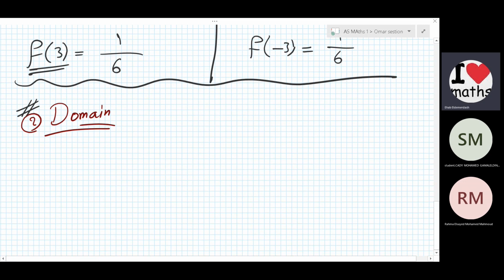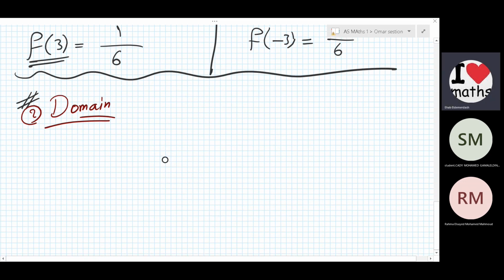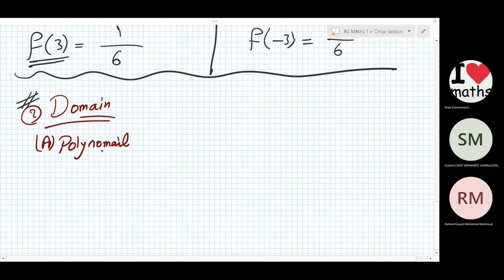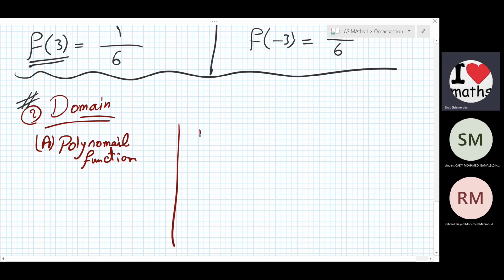What is the domain? If I said, let's say the functions in general come in one of three types. Type A is the polynomial function. So this is part A. Then we have part B, which we call the fractional function.